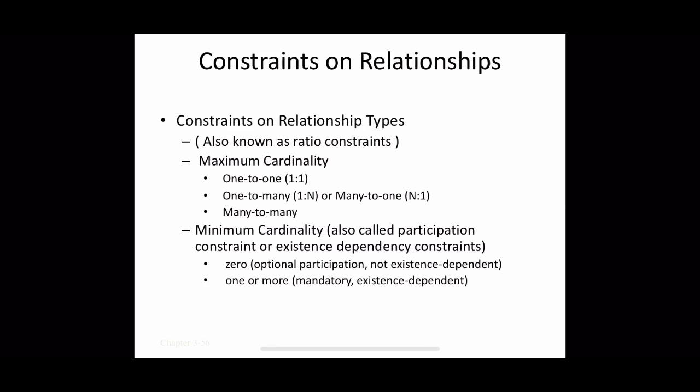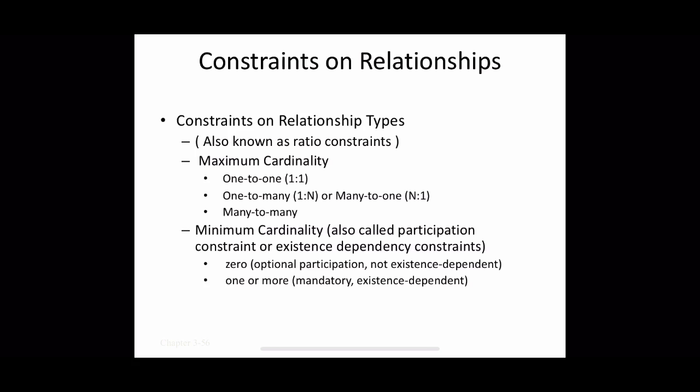Meaning that each department can be related to any number of employees, but an employee can be related to only one department. So we can say that from department to employee, the works for relation is 1 to n, whereas from employee to department, the works for relation is n to 1. Like that, any type of constraint can be specified in the maximum cardinality case.